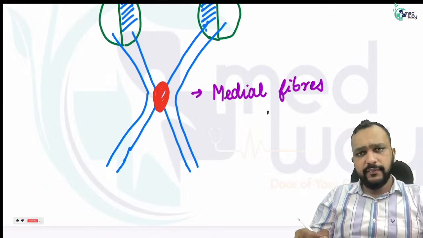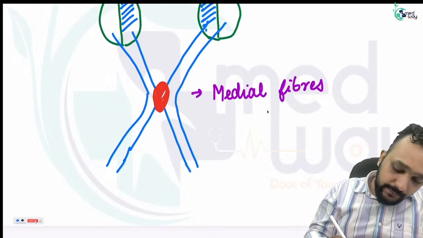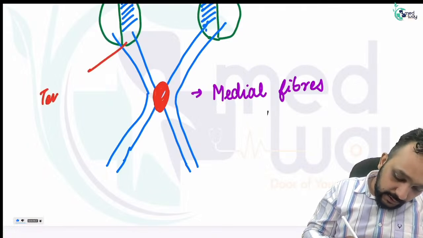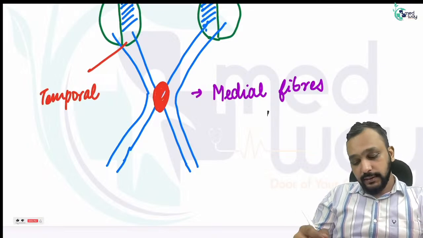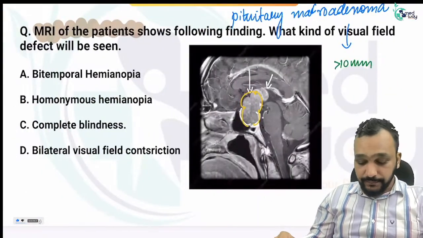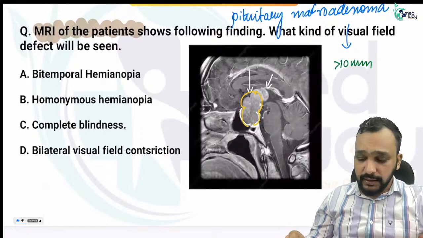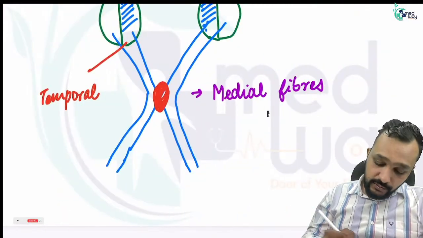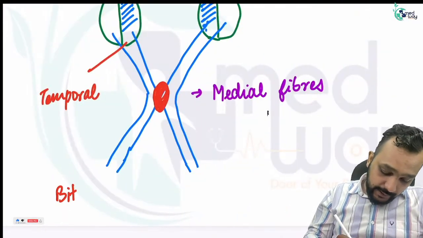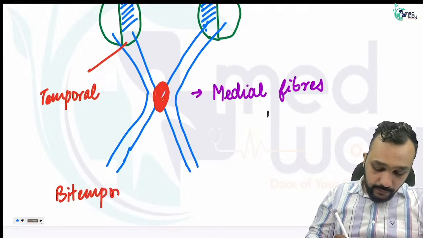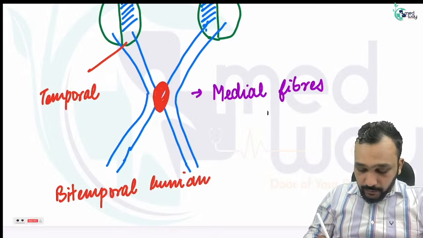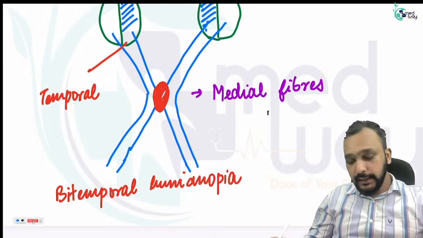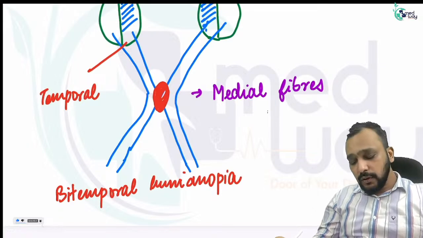Okay, and we all know that the medial side of the orbit is responsible for temporal vision, right? Temporal vision. So you will see there will be loss of temporal vision in both the eyes. So this is known as bitemporal hemianopia, right?